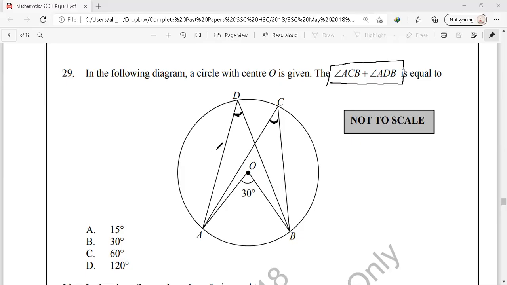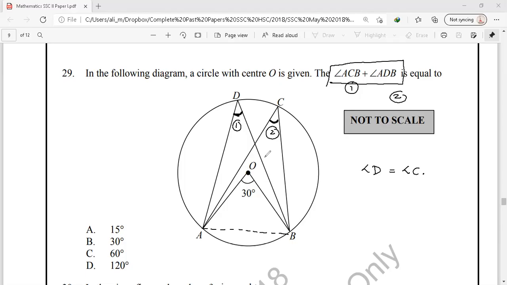Let us apply the theorem that we have studied. Let's say AB is a chord and these two angles, D and C, angle 1 and angle 2, are formed by the endpoints of the same chord. It means that angle D would be equal to angle C. Similarly, this central angle is formed by the chord AB, and the same chord makes an angle in the major arc.